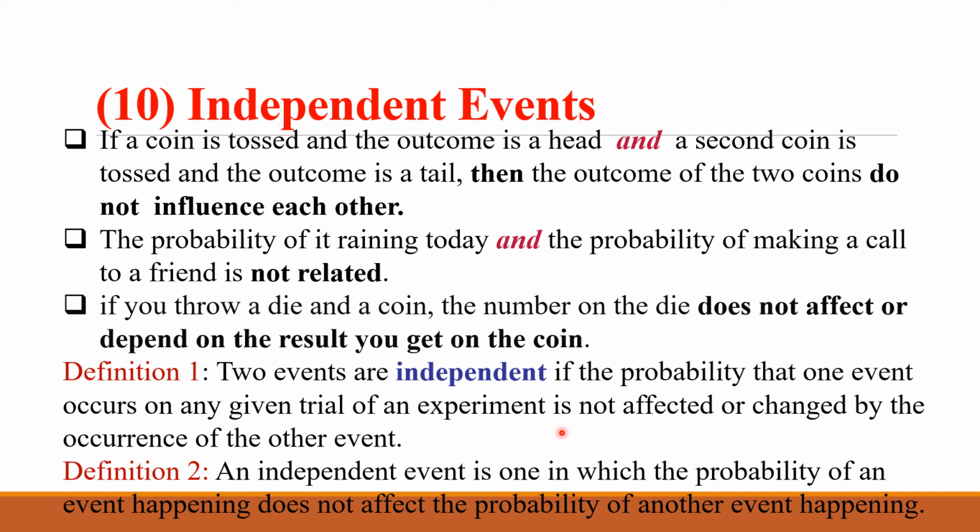An independent event is one in which the probability of an event happening does not affect the probability of another event happening. So, raining today and making a call are not related. Or throwing a die and tossing a coin, the outcomes are not related.